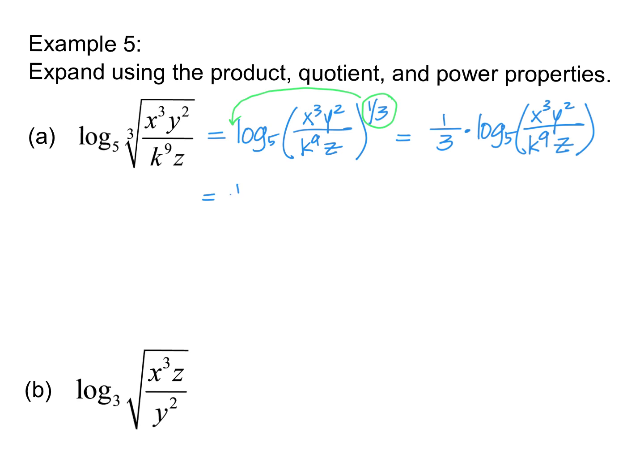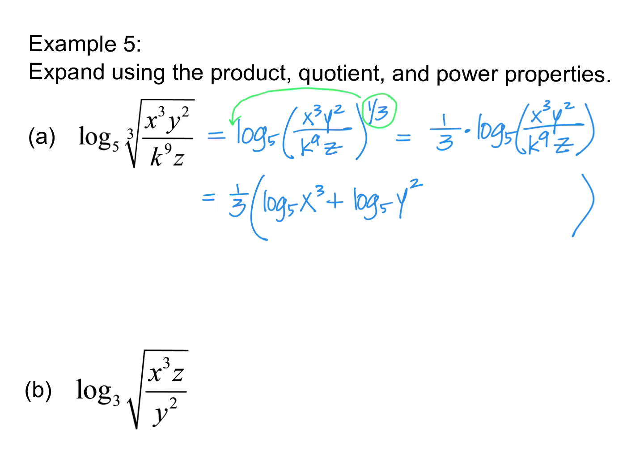Now we have 1/3 times this whole thing, which we're about to expand. Now x cubed is being multiplied by y squared. And so when it's multiplied, recall that you can expand them into multiple logs and add these logs.